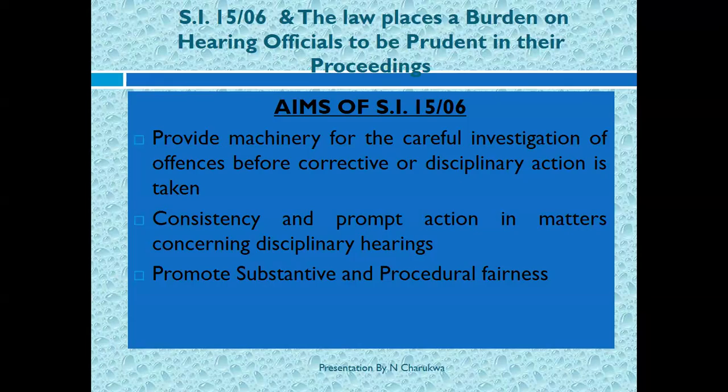An employee's contract must clearly state which code you are going to use, either SI 15 of 2006, an industrial code, or a company code. Now, a lot of companies do not have internal codes. Thereby, they rest on either the industrial code or the national code, which is fine.